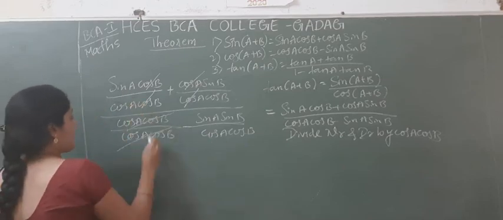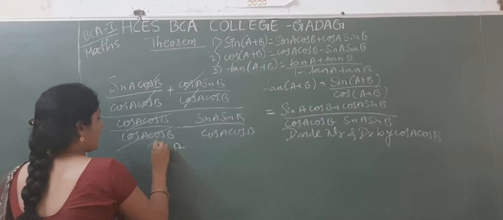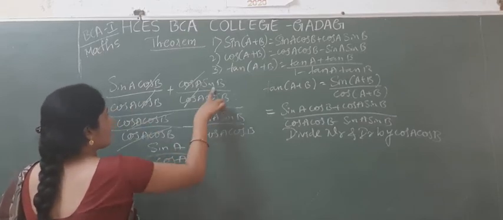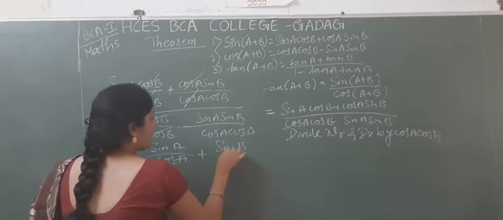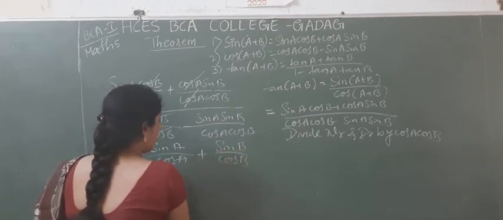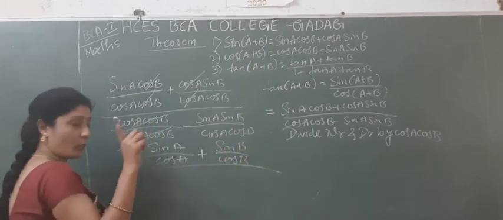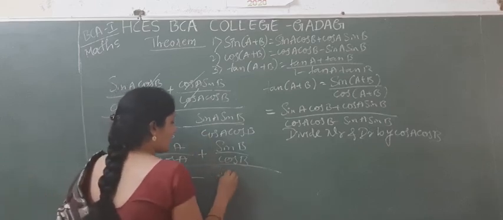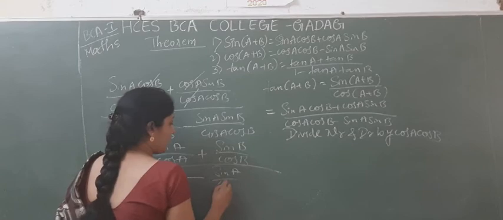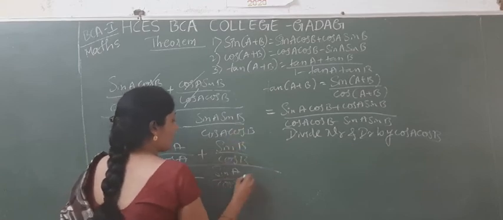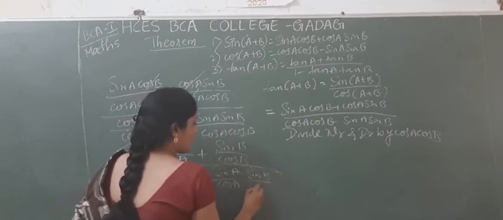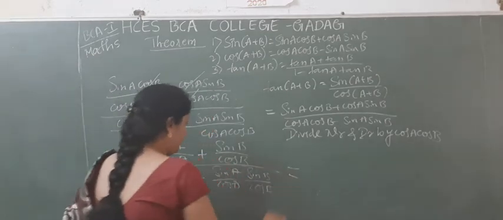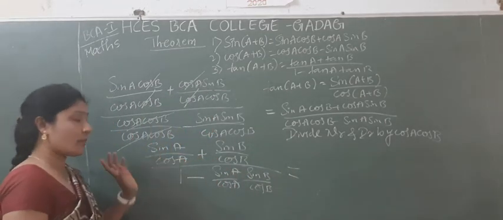Therefore what is remaining? Sin A divided by cos A plus sin B divided by cos B, divided by 1 minus sin A divided by cos A into sin B divided by cos B. Now what is sin by cos?